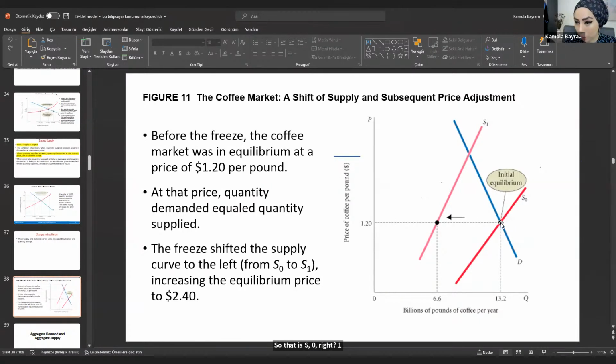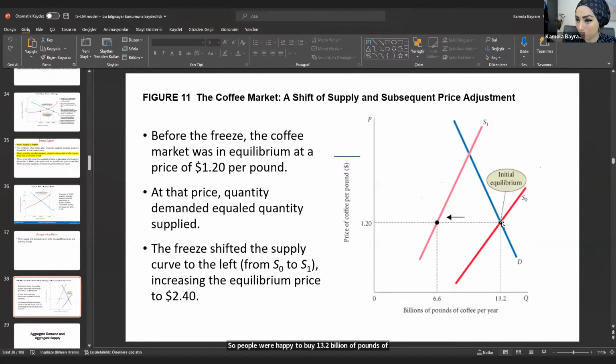So initial equilibrium, S0. Here we have our initial equilibrium. Now, what will happen? The demand curve is not changing, by the way. At that price, quantity demanded equaled quantity supplied. So people were happy to buy 13.2 billion pounds of coffee per year, when the price of coffee was 1.2 USD per pound.